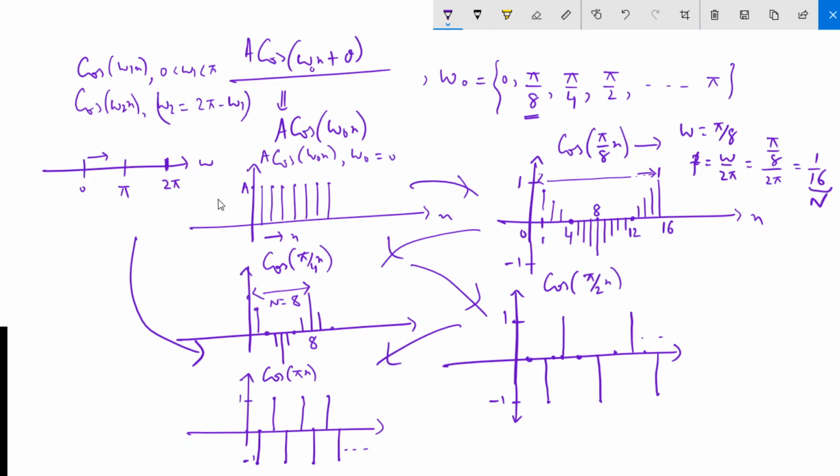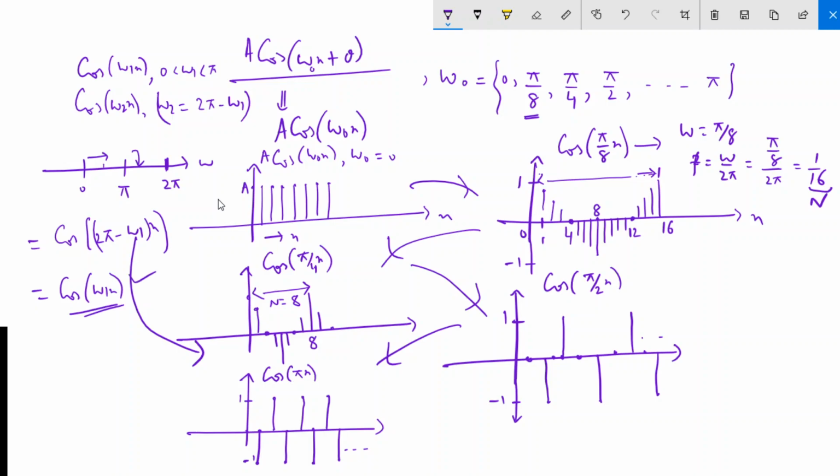Okay, so any frequency beyond this, if I take this as the frequency, this can be taken as 2 pi minus this much, which is nothing but this frequency band. Okay, so you will see it will be similar, cos of omega 2 n, where omega 2 is nothing but 2 pi minus omega 1, and that will simply become cos of omega 1 n.